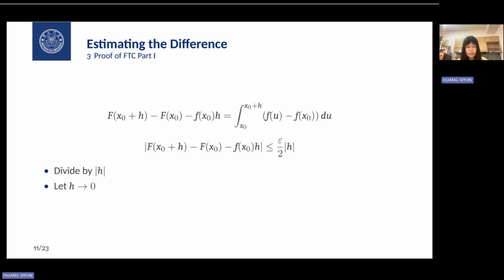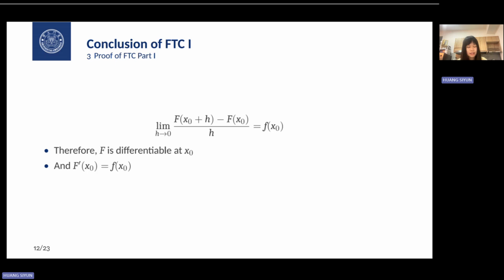When we divide by the interval's length and let it go to 0, the error vanishes. And that's the conclusion. The integral function is differentiable at all points, and its derivative is exactly the value of the original function at that point.